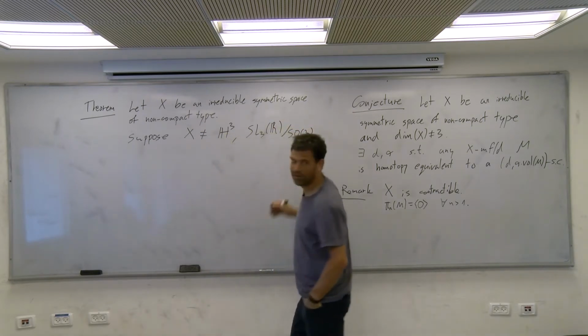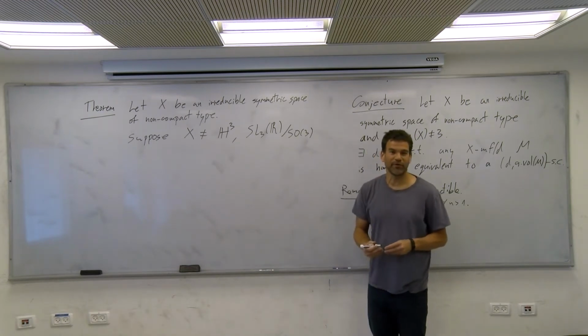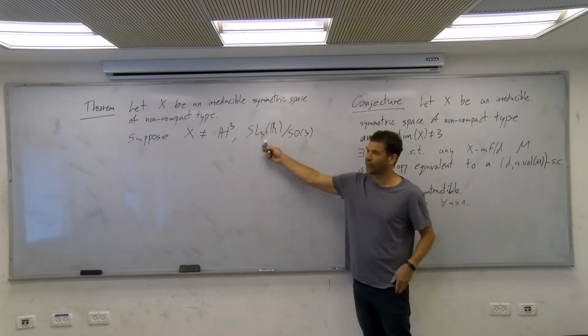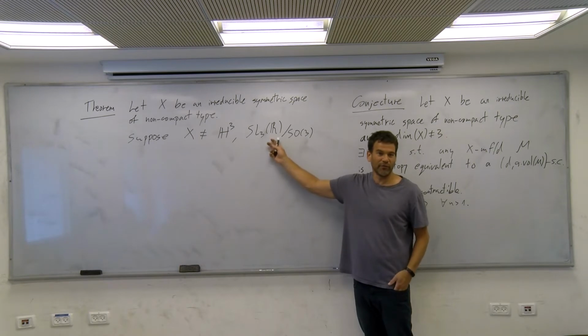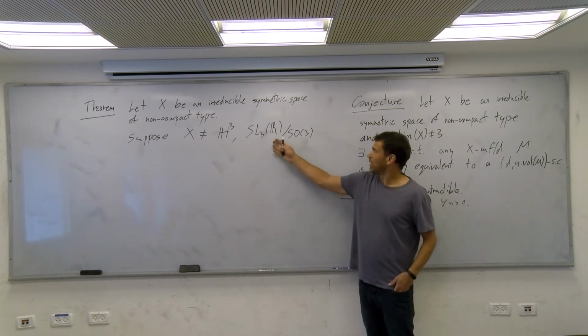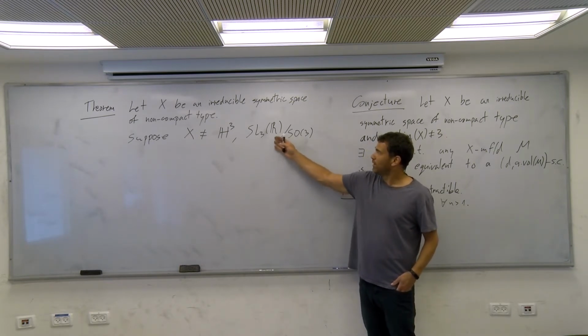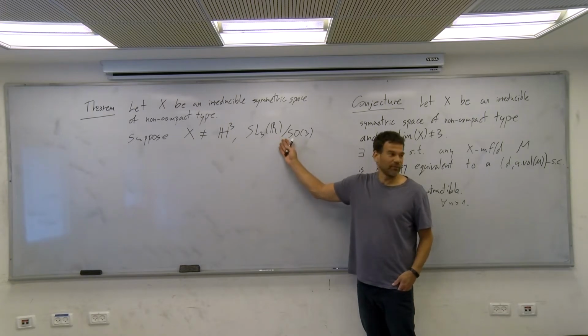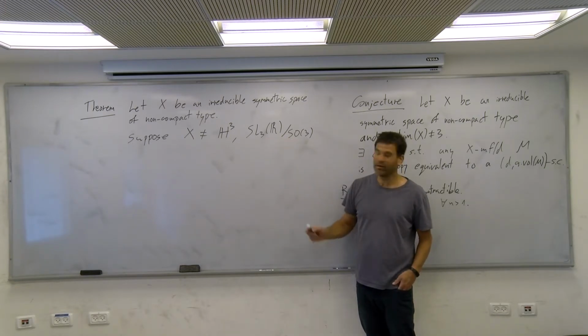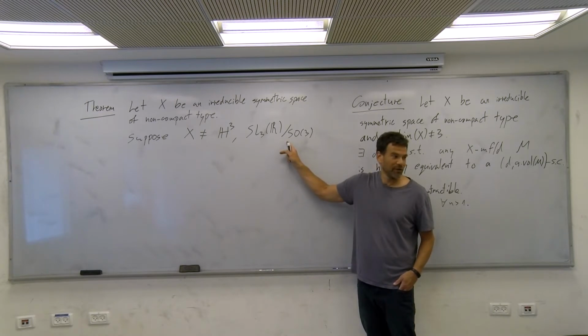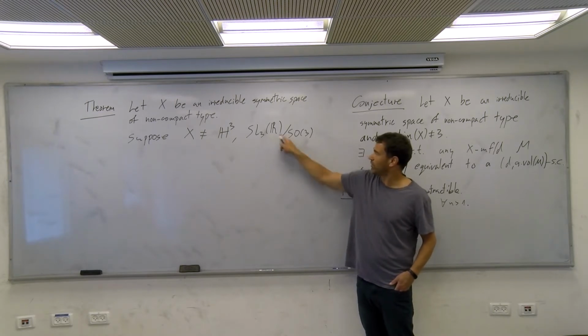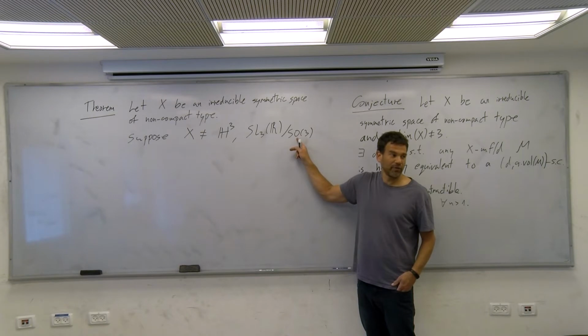So I said that there is some five-dimensional symmetric space, the symmetric space of SL3, which is an interesting one. We will discuss it, but I want to assume that X is not that one. Yes, this one is of dimension 5, because SL3(R) is 9-dimensional and SO(3) is 3-dimensional.